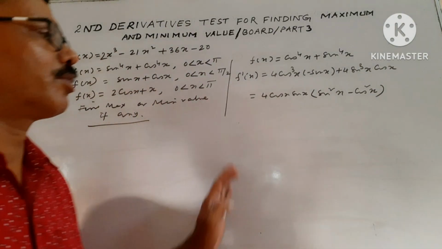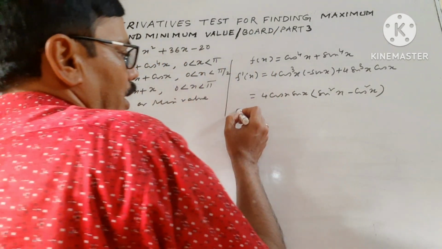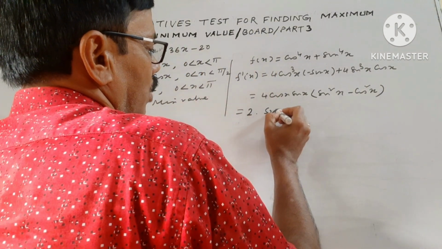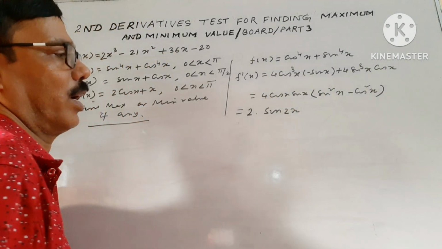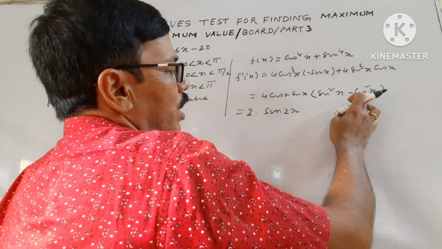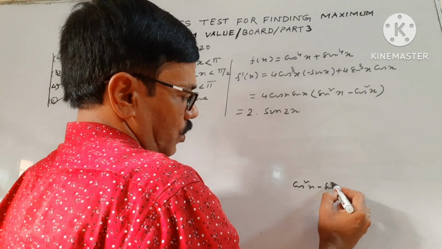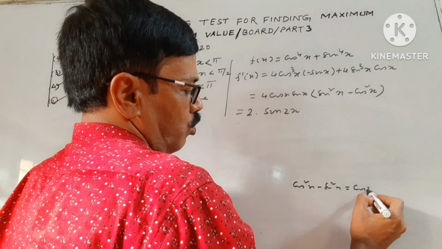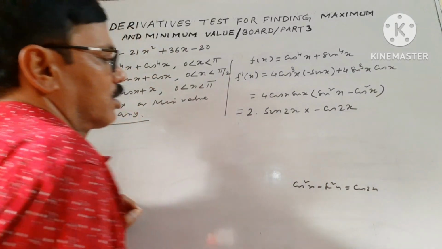Now try to simplify it using trigonometry. 2 sin x cos x is sin 2x, and cos square x minus sine square x is cos 2x. So this is minus cos 2x.